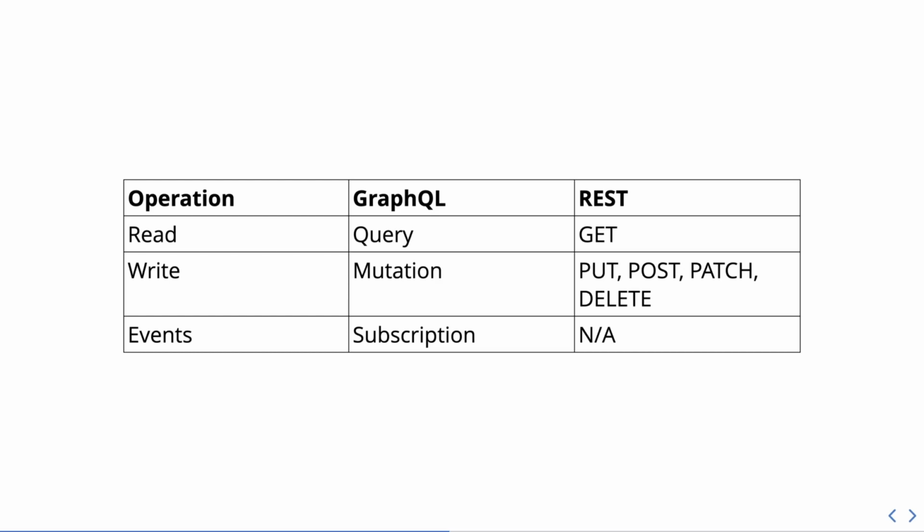And mutations change data, so they produce side effects. And they compare to put, post, patch, delete in REST. And then we have events, and they are called subscriptions in GraphQL, and they give us the power to write basically queries that are executed and sent to us when something happens on the server.